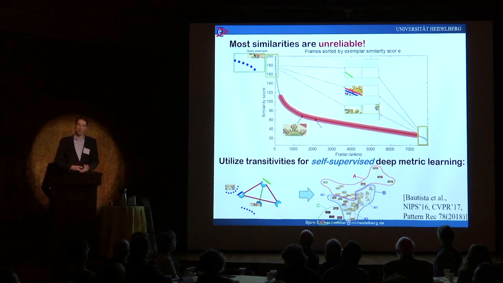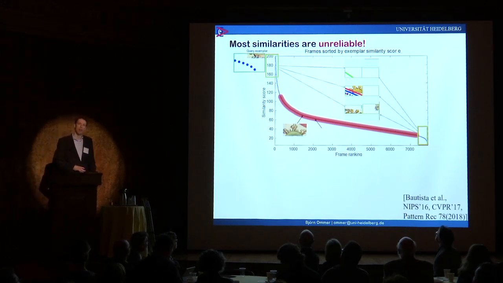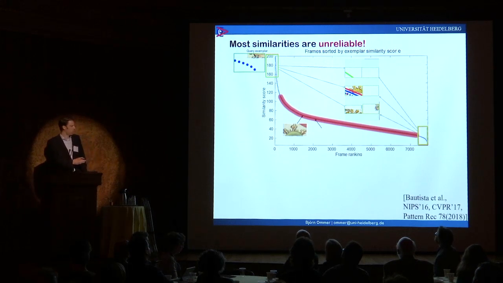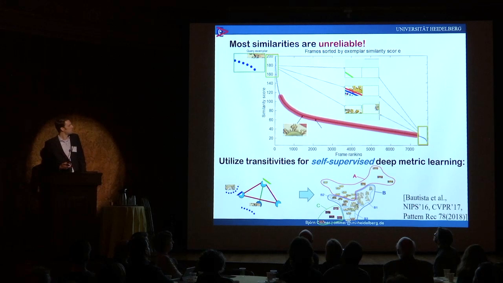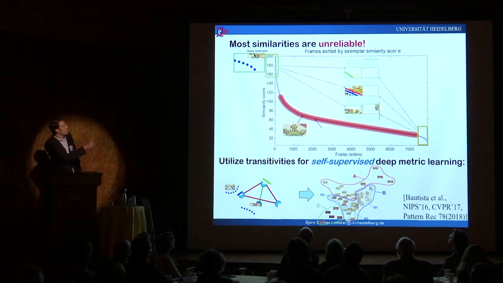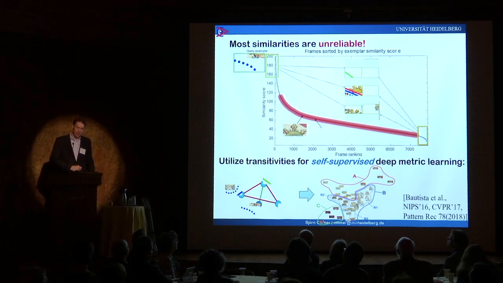The problem with similarities, however, is that they are quite tricky, and most of the similarities are in fact unreliable. So if you take a medieval crown, which here is kind of lost, and find other related objects, and order all of these other detections according to their similarity, then you will have an easy time finding a few other crowns which are almost duplicates of what you have.